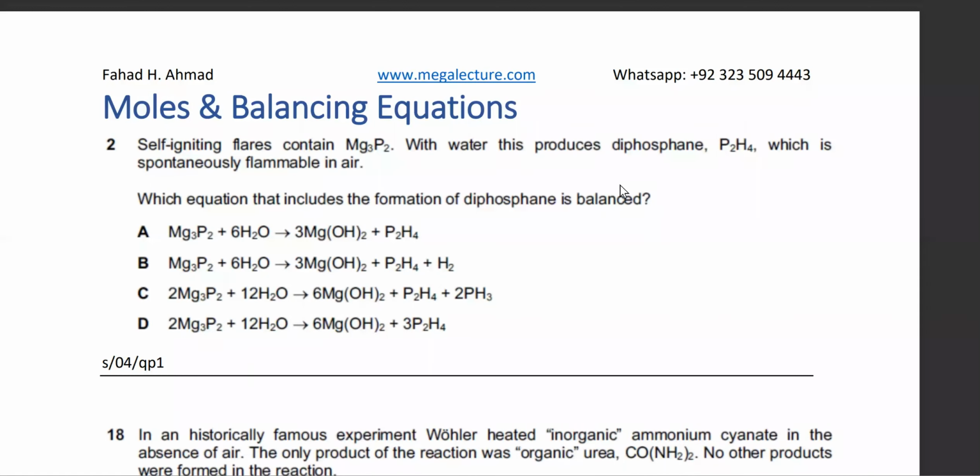So he's saying that this thing, Mg3P2, reacts with water and produces P2H4. So P2H4 has to be there, and it is there, which is spontaneously flammable in air. Okay, that's fine. Which equation correctly forms it? Nothing else is mentioned.